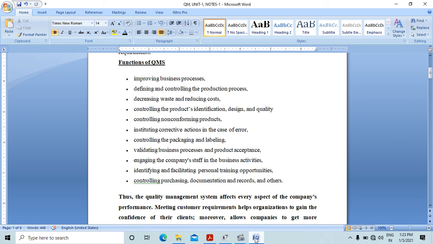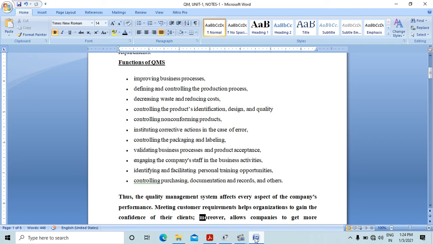Next is controlling non-conforming products, instituting corrective action in the case of error, controlling the packaging and labeling, validating business processes and product acceptance, engaging the company's staff in the business activities, identifying and facilitating personal training opportunities, and controlling purchasing, documentation and records, and any other.